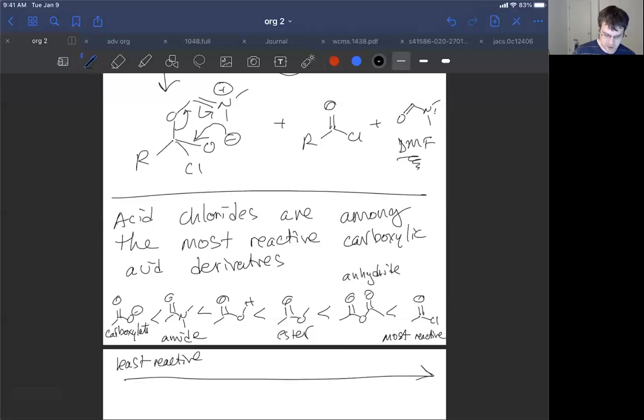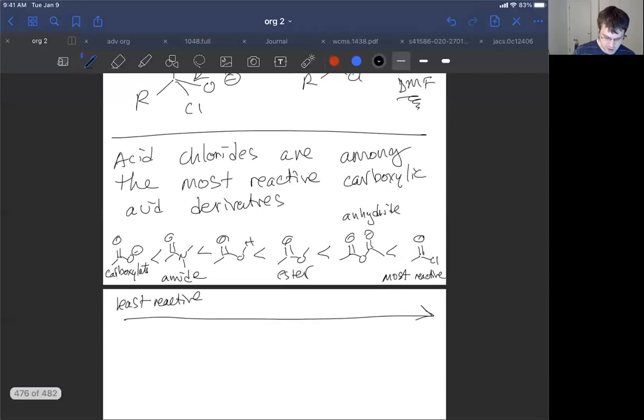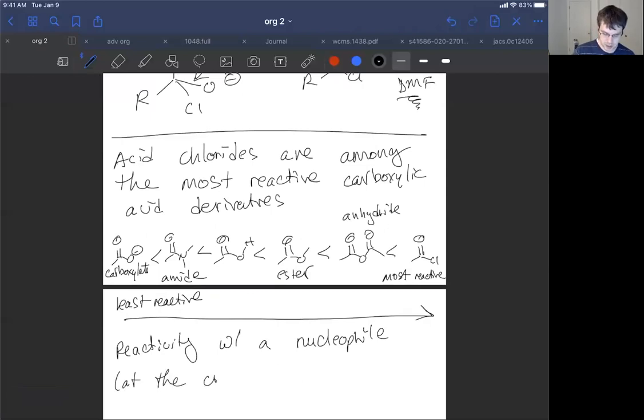So we're decreasing from most to least reactive, and this is the reactivity with a nucleophile, because that's typically how we see carboxylic acids and their derivatives react, is that they react with nucleophiles at the carbonyl carbon. Now we saw a hint of this in that mechanism to form the acid chloride, but let's look more generally at how these things react.